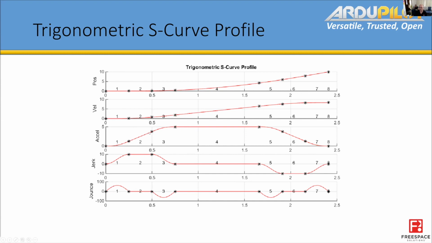As we approach our new target lean angle to achieve that particular acceleration, it rolls off and slows down and stops perfectly at that new lean angle. And our angular rate also accelerates up and is nicely curved.